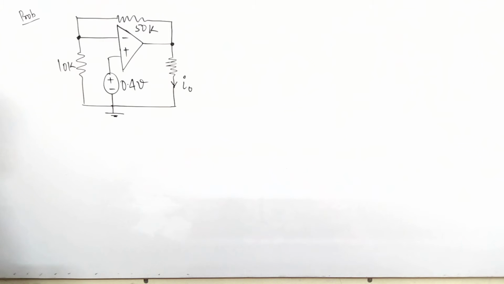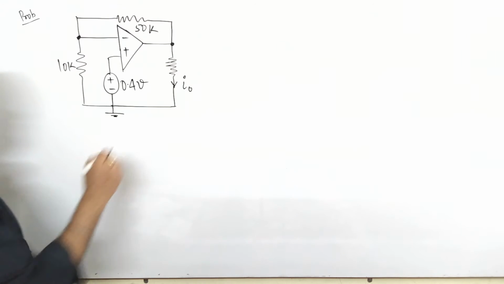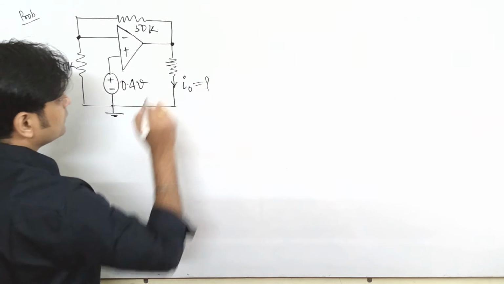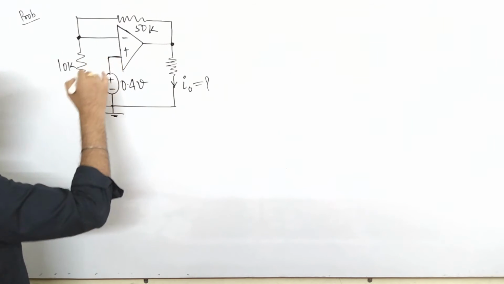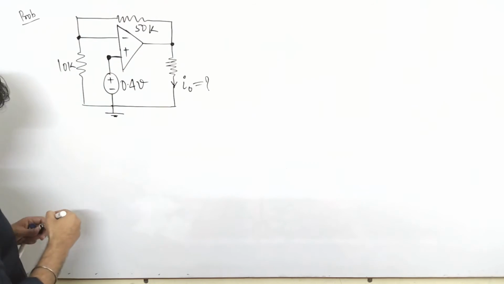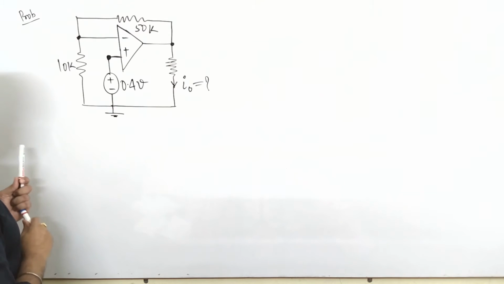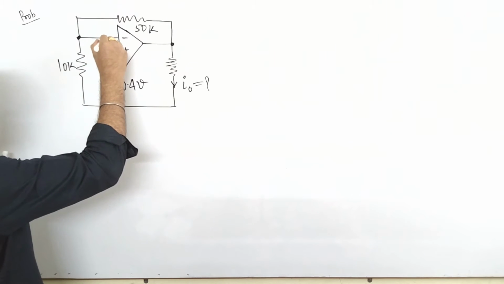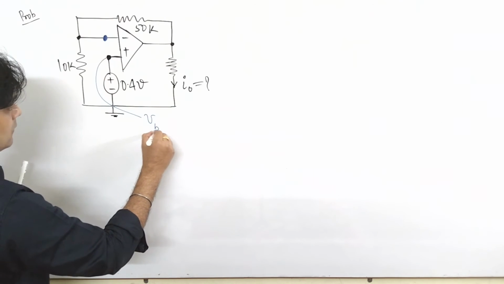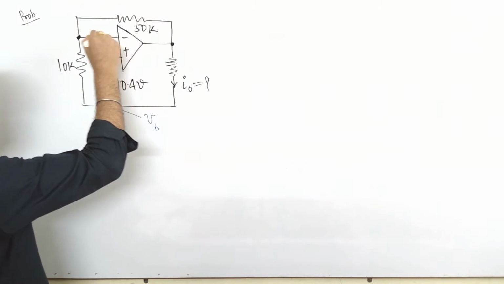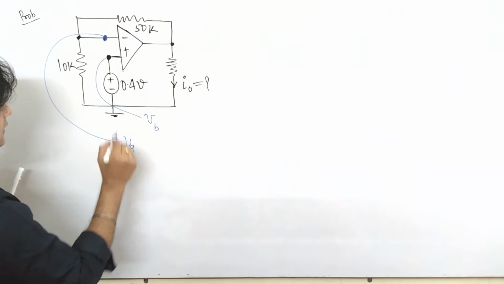So friends, this is your next problem. In this problem you have to find the value of I naught. Now as I said, as per the concept of virtual ground, the potential at this node, that is VB, and say this is VA, is equal.